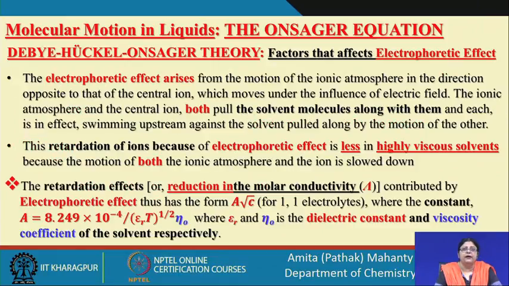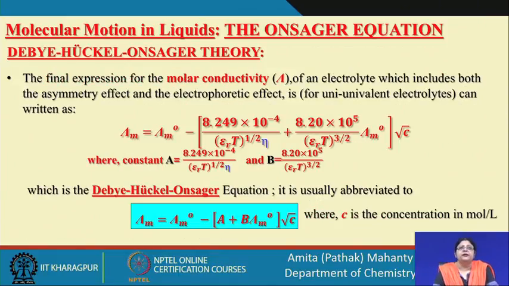So, if you take these two contributions, then the final expression for molar conductivity, which includes both the asymmetry effect and the electrophoretic effect for a 1-1 electrolyte system, which is the simplest of systems, is that the molar conductivity at any concentration will be equal to the molar conductivity at infinite dilution minus the term coming from the electrophoretic effect, A into under root C, and the other one is the B term coming from the relaxation effect.